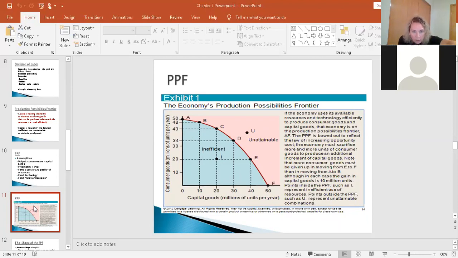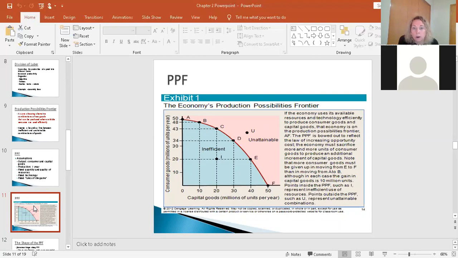If we look at point A, you can produce 0 capital goods and all consumer goods. You could do that. That would be perfectly efficient. Most economies don't do that because you do need capital goods, but it is theoretically efficient on the PPF, perfectly efficient use of resources, okay? Anything up there in the pink is going to be impossible or totally unattainable.